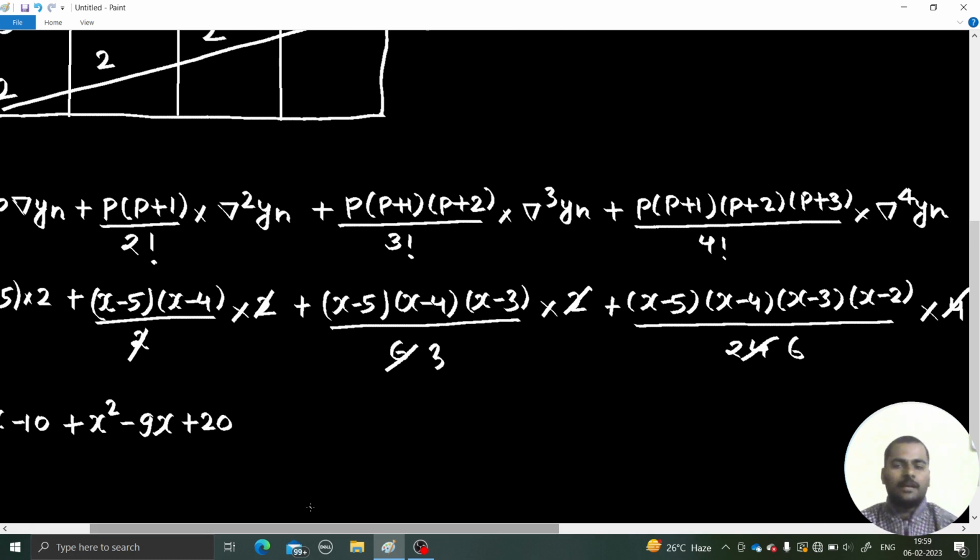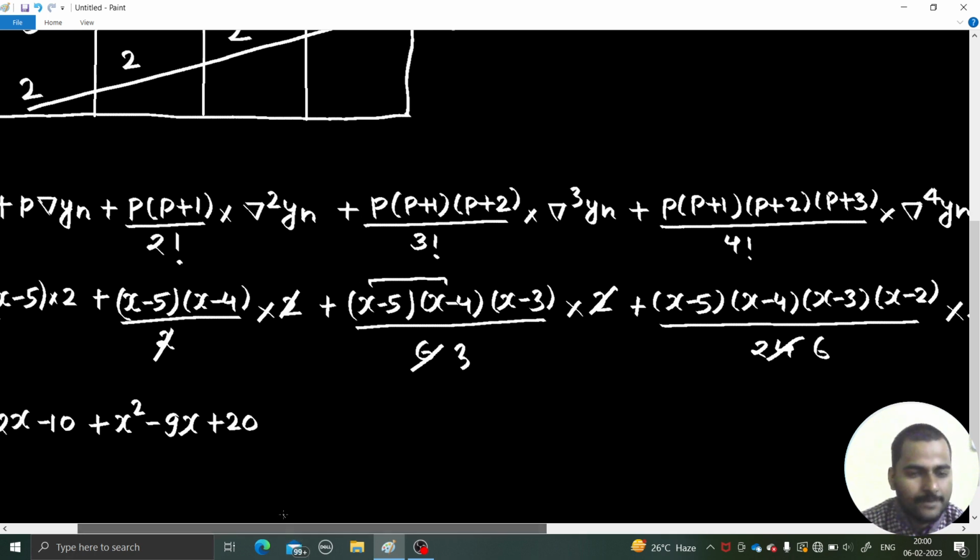Now here if you see clearly, x minus 4, x minus 5 is already there, which you have already calculated. We just have to multiply it by x minus 3. So in this expression only, first multiply this by x and write.